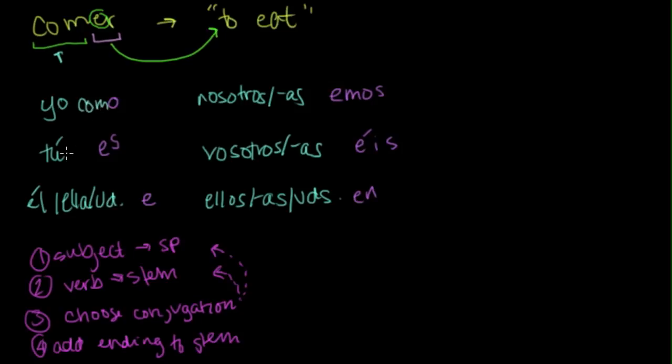Yo como, tú, stem, ending, tú comes, él, ella, usted, stem, ending, come, nosotros, nosotras, sorry I ran out of room, comemos, stem and ending, vosotros, vosotras, coméis, ellos, ellas, ustedes, comen.